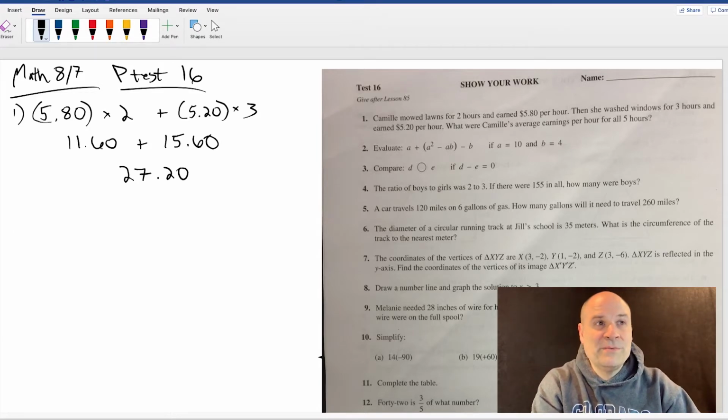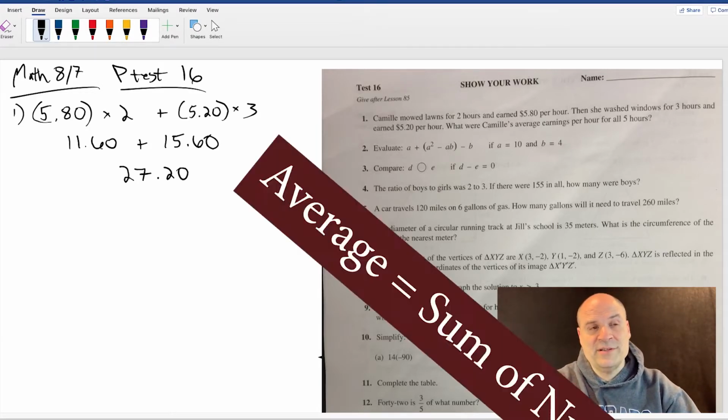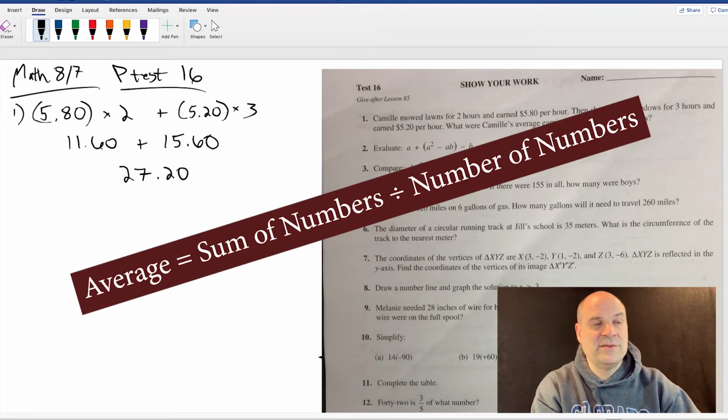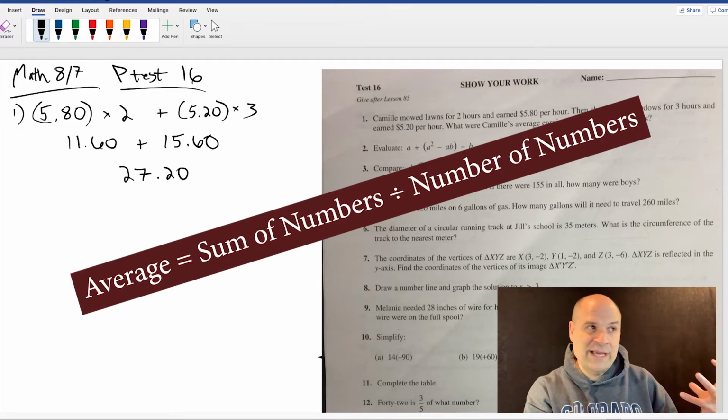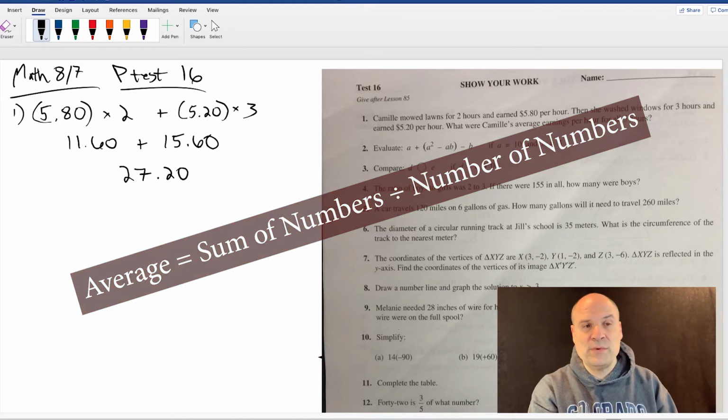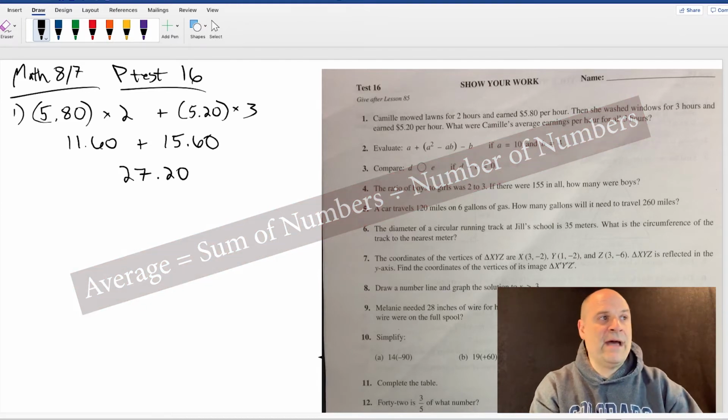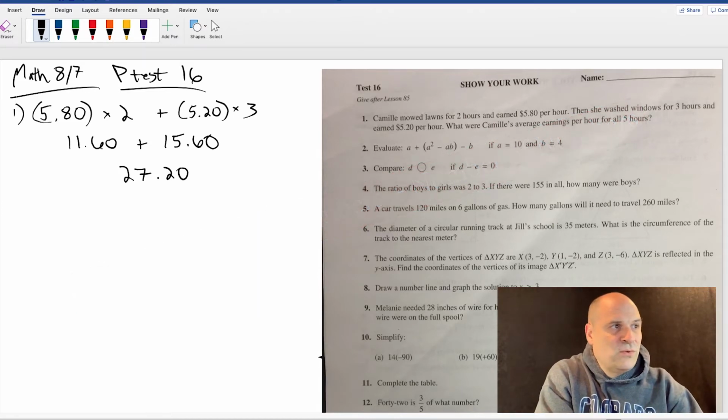So basically what we're doing is we're kind of finding the average of what she got paid. So there was 2 $5.80s and there was 3 $5.20s. So let's find the average of that. So I'm gonna divide 27.20 by 5. All right, let's do it.